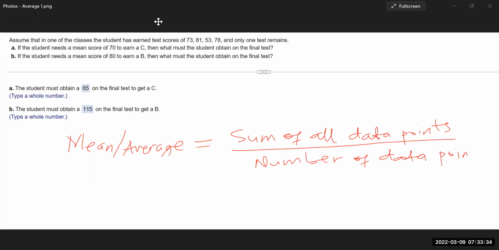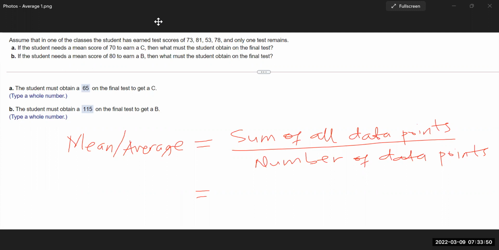There are other definitions that you can go with, but this is good. The mean is equal to the sum of all data points divided by the number of data points.